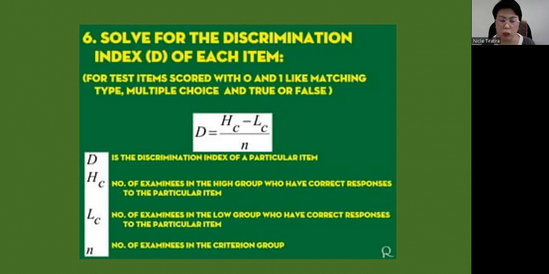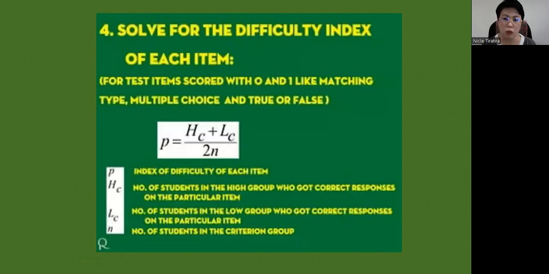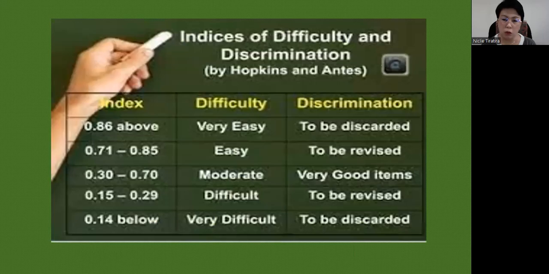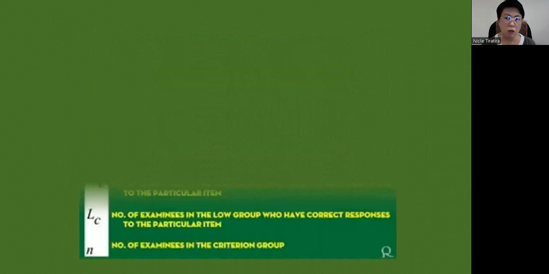After you get the answer, you go back to the index of discrimination. Depending on what you got, your interpretation of that particular item, whether it is a good item, to be revised, or to be discarded, will depend on the index of discrimination. Okay, so that would be all.